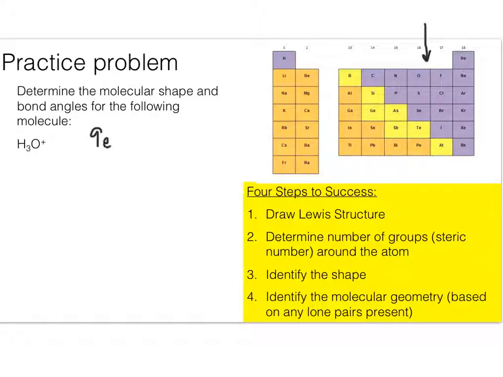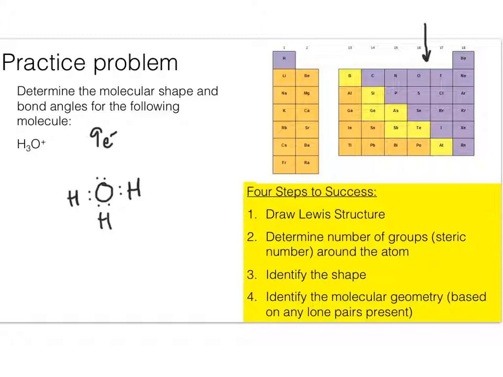If we put that oxygen right there, give it an octet, and put the 3 hydrogens with their duets around it, then of course we have to account for formal charge.